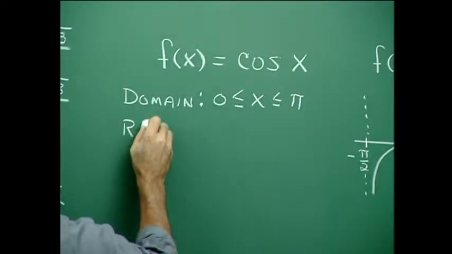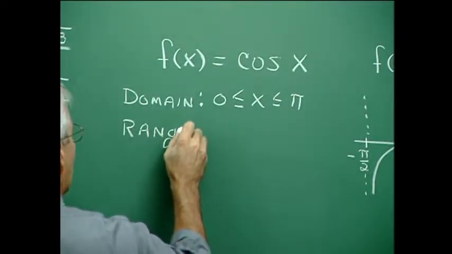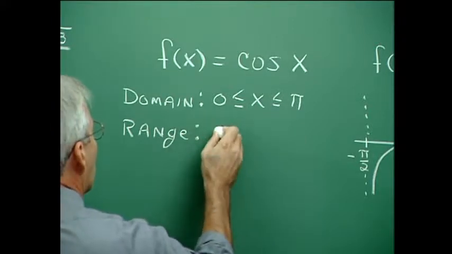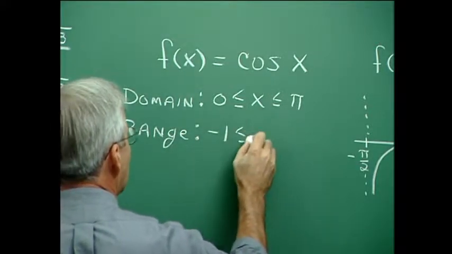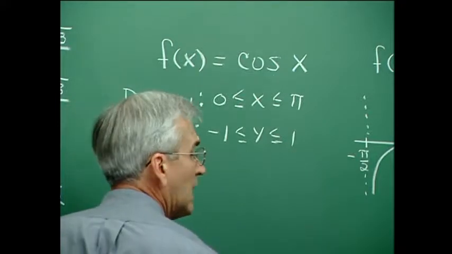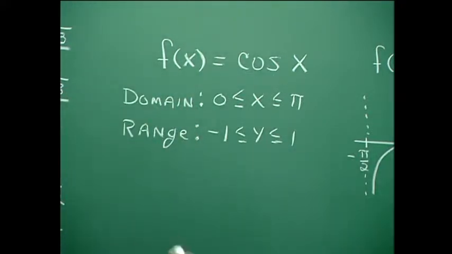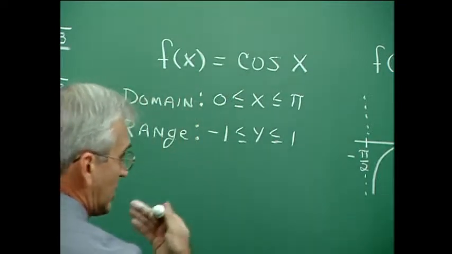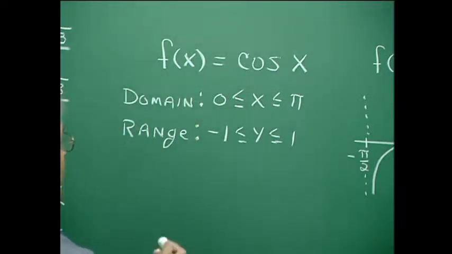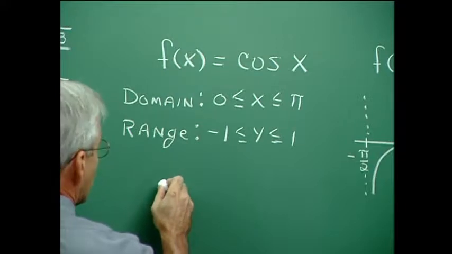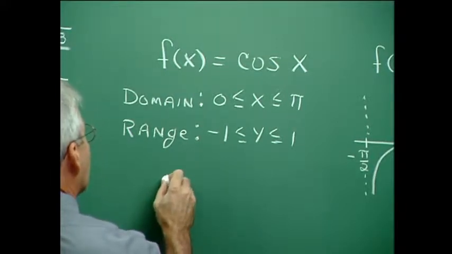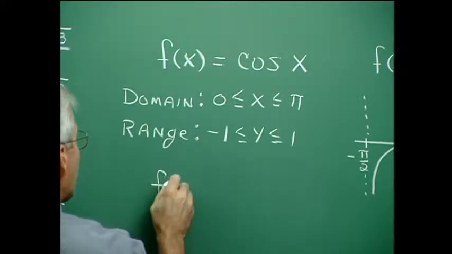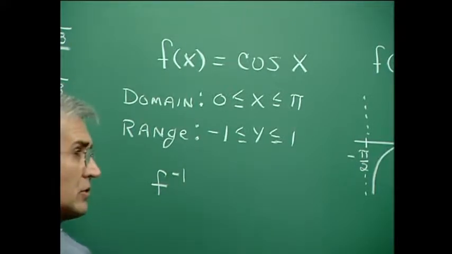Range, we know the range values go from -1 to 1, so -1 is less than or equal to y is less than or equal to 1. That's only important for us to identify aspects of the inverse. And we know to generate the inverse, we're going to go through a process similar to the one that we did with the sine function. And I can designate, remember the designation for inverse function, it was this.